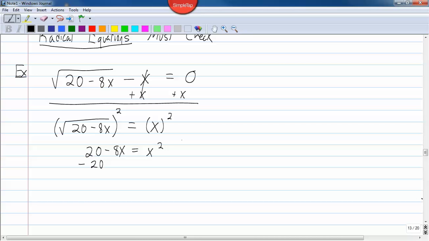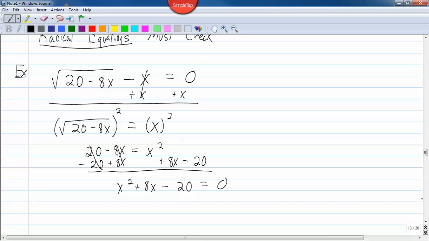So I'm going to move the 20 over, say minus 20, and move the 8x over and say plus 8x. I also want to put these in order. So I have x squared plus 8x minus 20 equals 0.